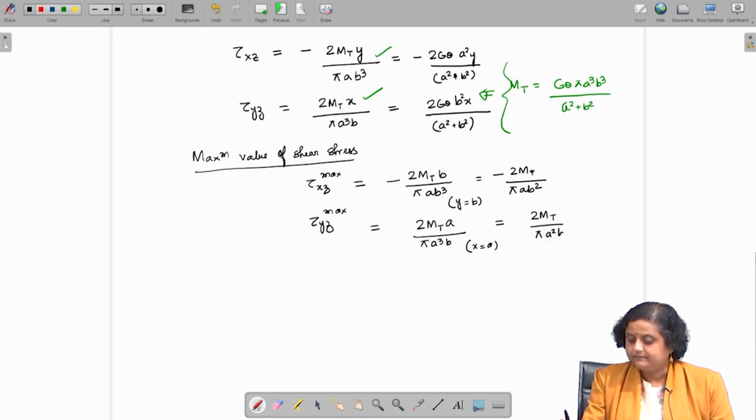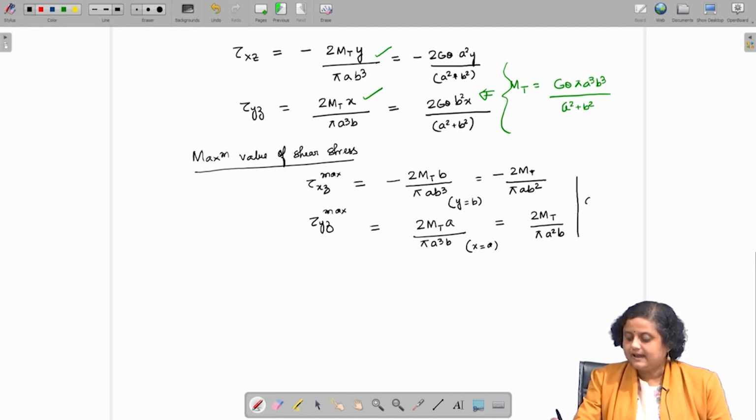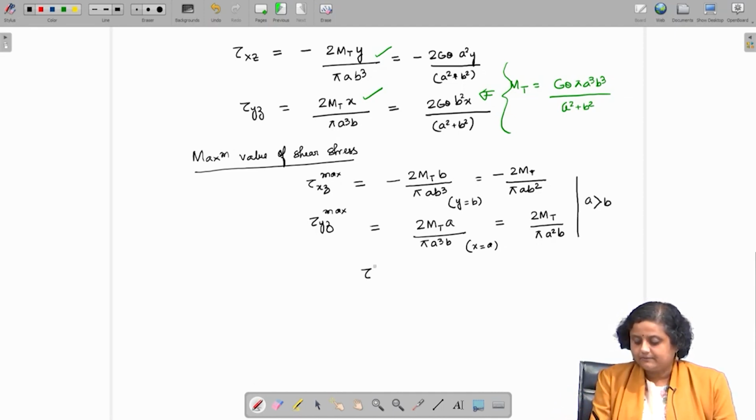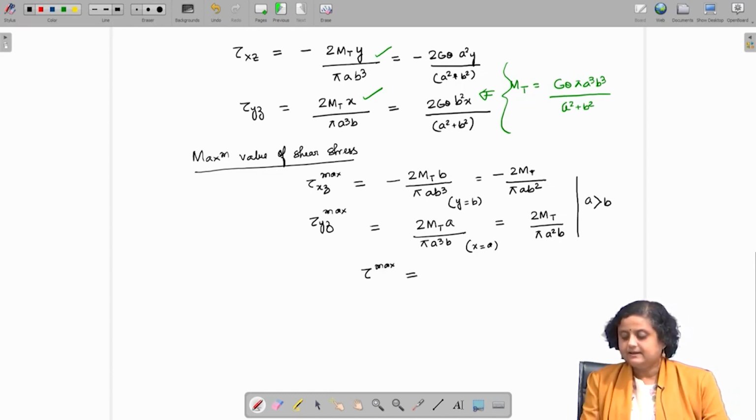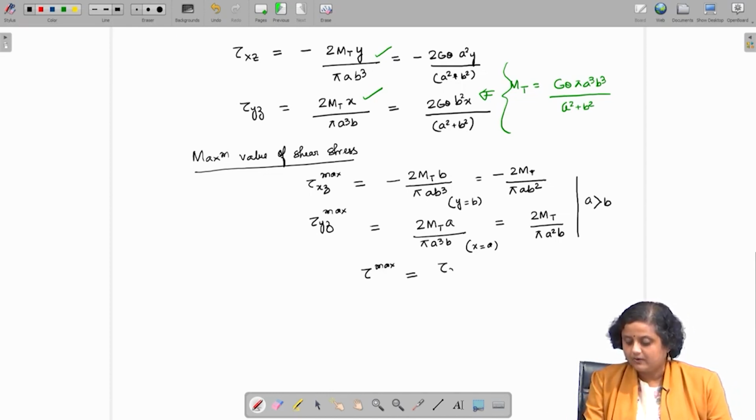Now, since a is greater than b, the maximum value of shear stress, tau max, is going to be tau xz max, which is minus 2 Mt by pi a b square.